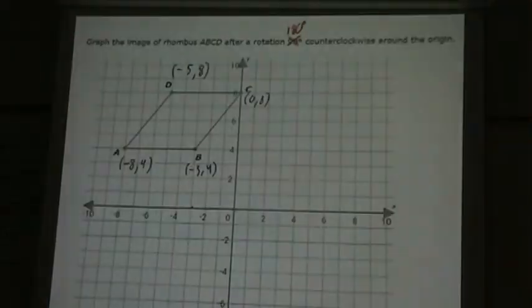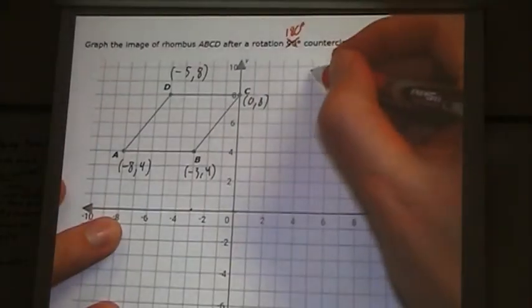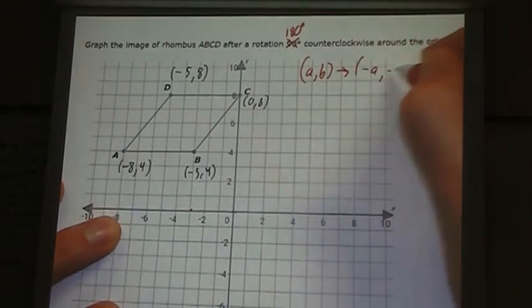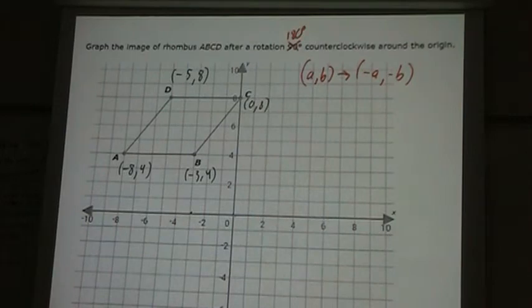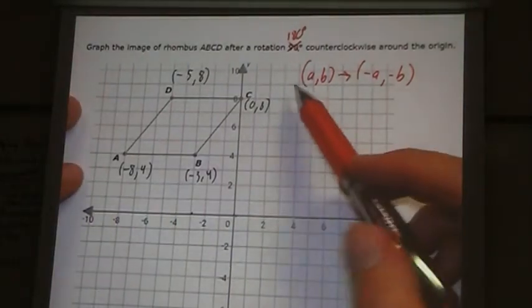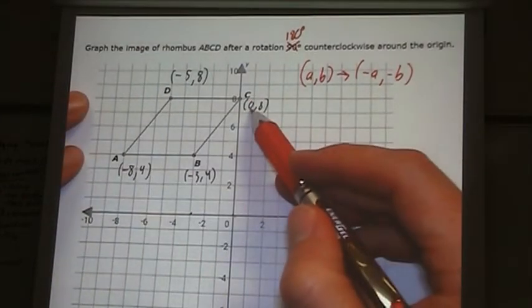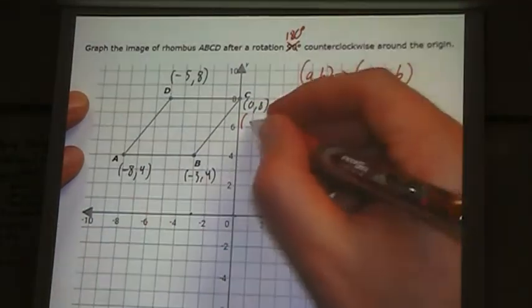Now, let's hop back to notes. 180-degree rotation. What do? Well, AB becomes -A, -B. Remember, these negatives just mean you're going to be changing the signs on those coordinates. So, for example, C, negative A, negative B. Well, you can't make a negative 0, so that's just going to be 0.